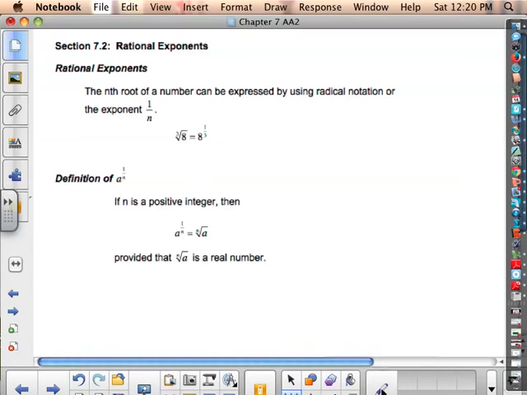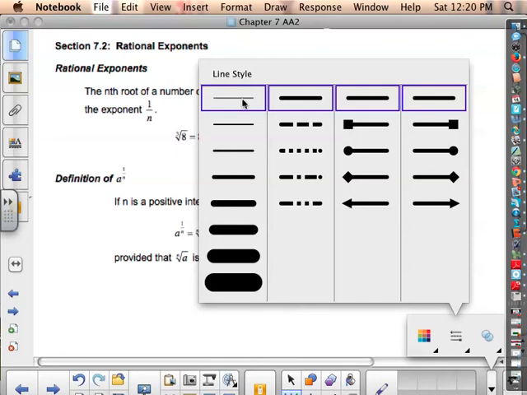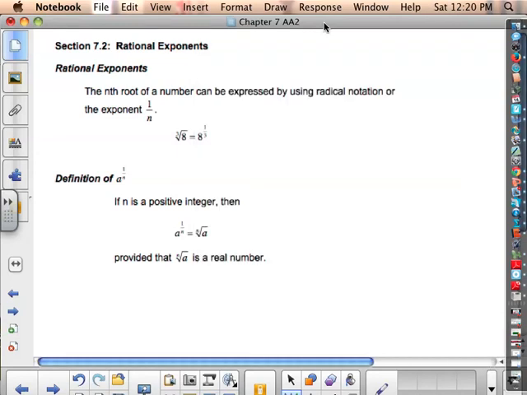So here, the exponent becomes the numerator, and the index becomes the denominator. Just remember, this is the index.